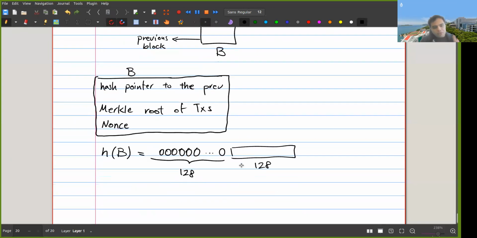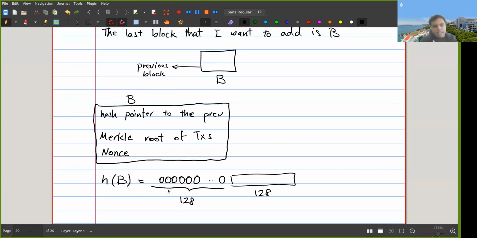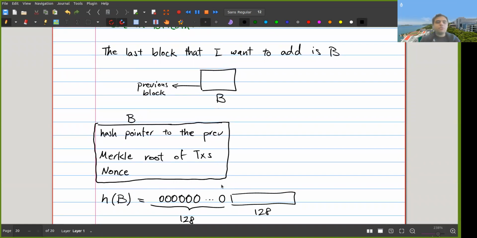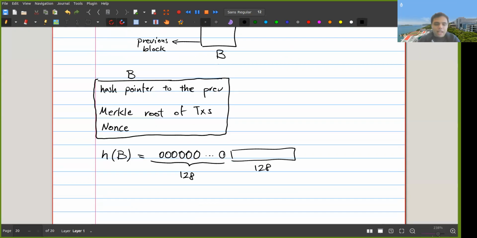I have to provide a block such that when it is hashed, it gives me a lot of zeros at the beginning. First I create my block. I create the hash pointer to the previous block. I create the Merkle root. And then for the nonce, I just start trying random numbers. Maybe I do it sequentially. I say, okay, my nonce is 0. I compute the hash of this block with nonce 0 and see if it has the number of zeros that I need.